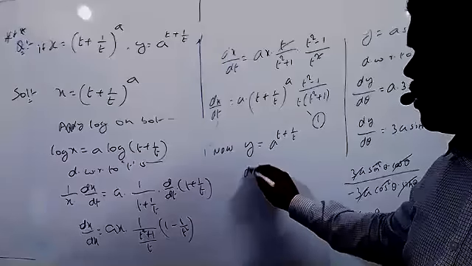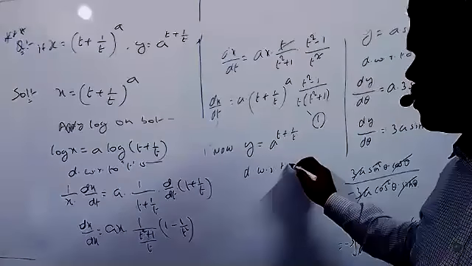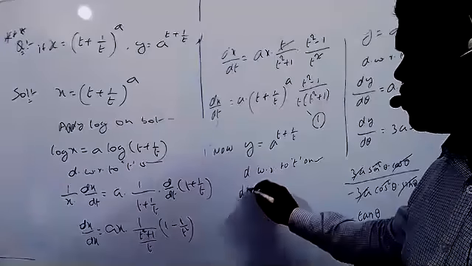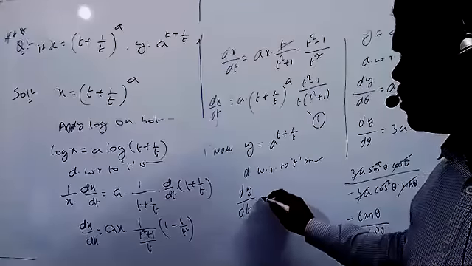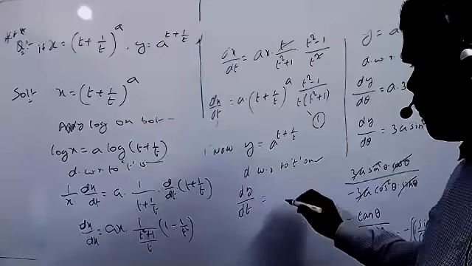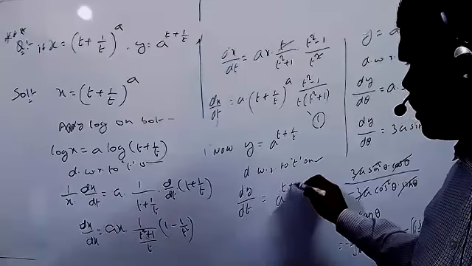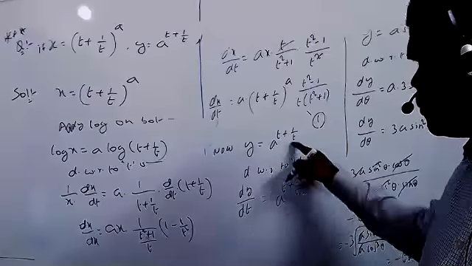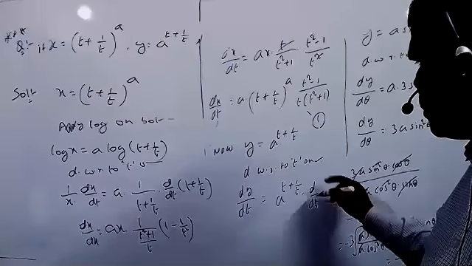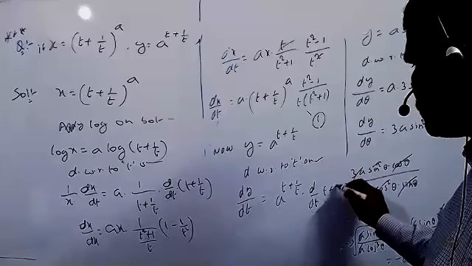You directly differentiate with respect to t on both sides. So dy by dt equal to, the differentiation of a power x, we know that, a power x, that means a power t plus 1 by t into, again differentiation means d by dt into t plus 1 by t.